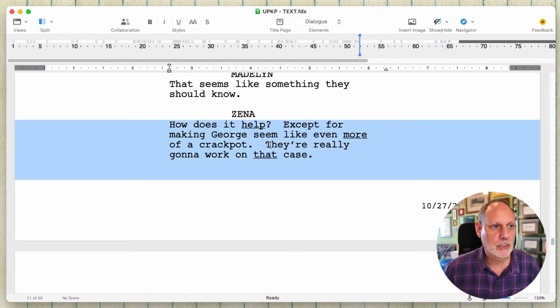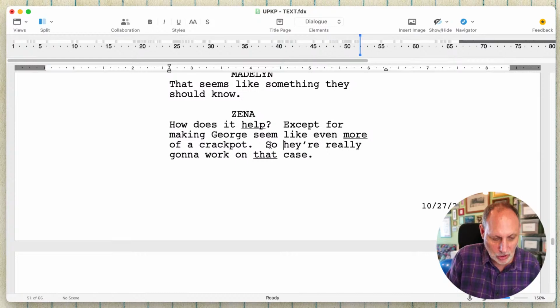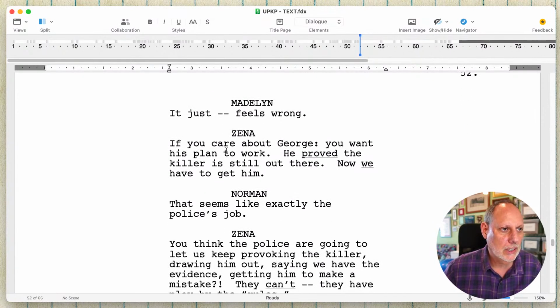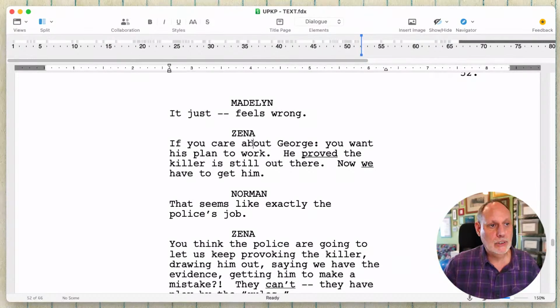So they're really gonna work on that case. It just feels wrong. If you care about George, you want his plan to work. He proved the killer is still out there. Now we have to get him.